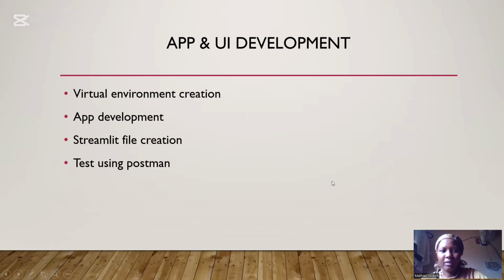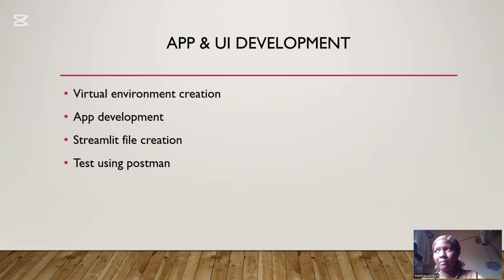Now, how did we come up with the deployment steps? We started with virtual environment creation. Through this virtual environment, we installed all the requirements needed for this model to run.